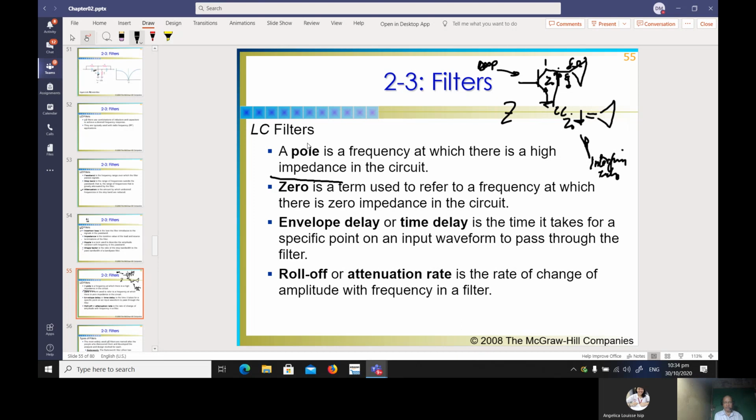Now, in terms of LC, tumataas ang impedance. Ito naman example. Pag sinabing high impedance, hindi ka basta-basta papasukan ng mga noises, parang open circuit ka. Di ba?